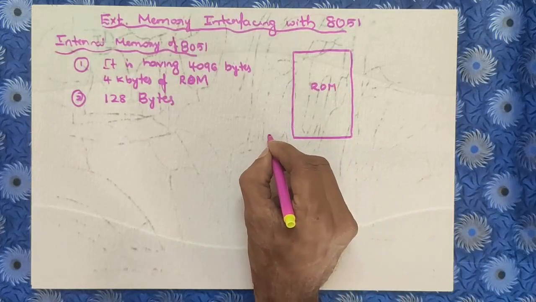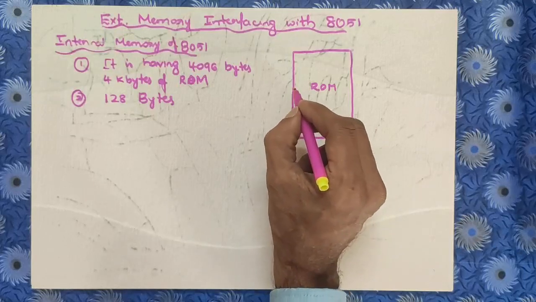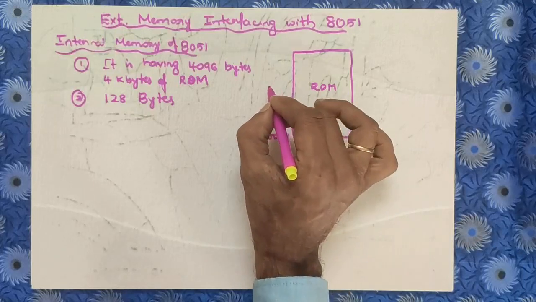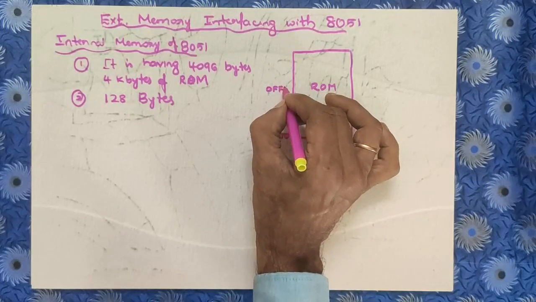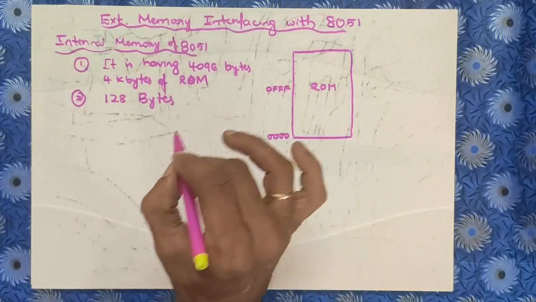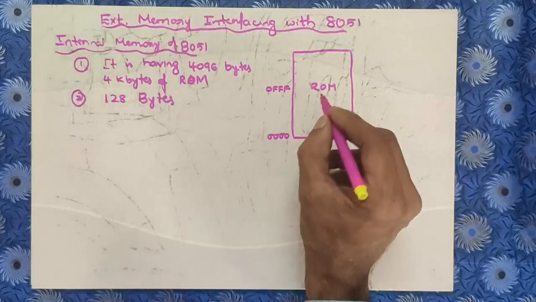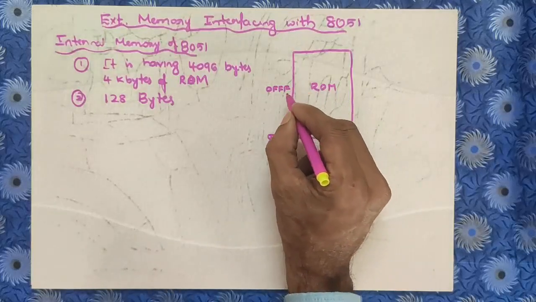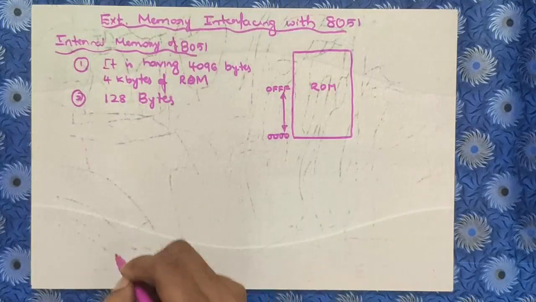Hence, the starting address can be 0000. 4 kilobytes means it can go up to 0FFF. Hence, the internal memory exists only till this. This is the address mapping of internal memory.